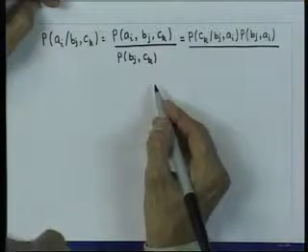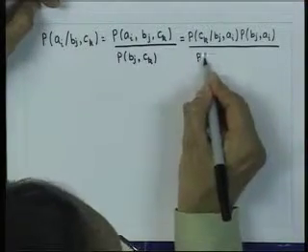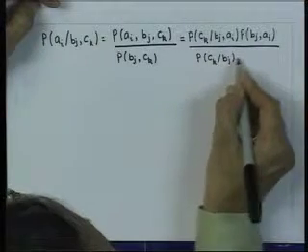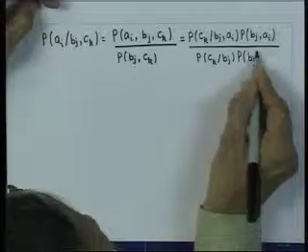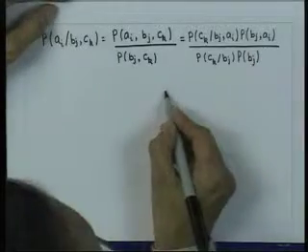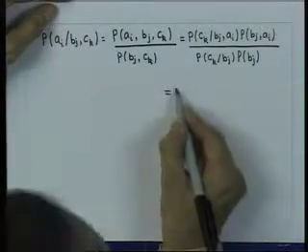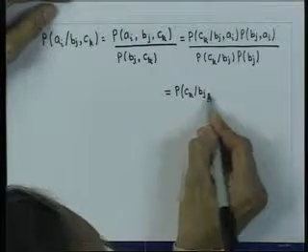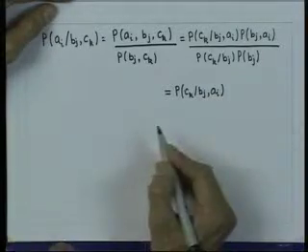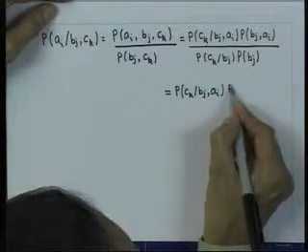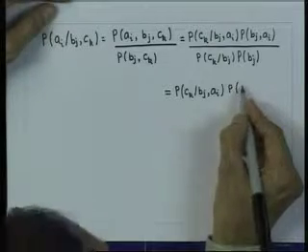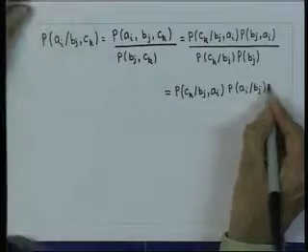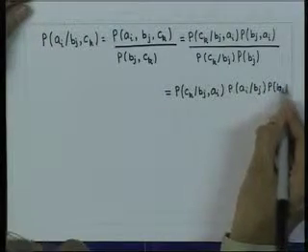Probability of B_j and C_k is probability of C_k given B_j multiplied by probability of B_j. Now, this can be further simplified as probability of C_k given B_j, A_i. This is equal to probability of A_i given B_j multiplied by probability of B_j.